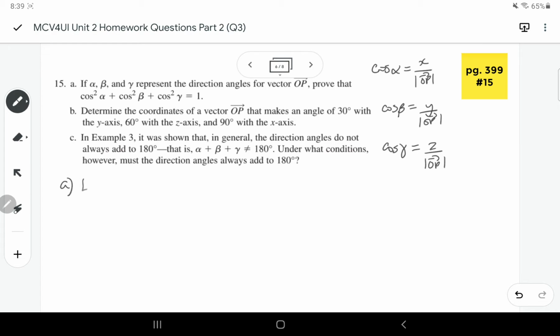So here, the left side, we've got cos squared alpha plus cos squared beta plus cos squared gamma. So that's going to be x over the magnitude of OP squared.